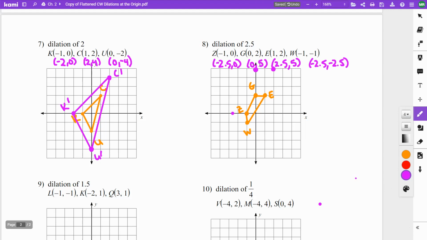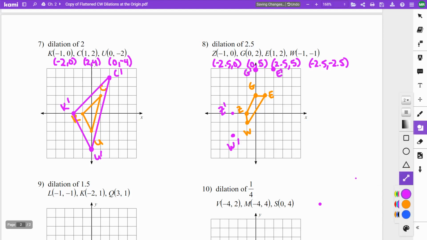And negative 2.5, negative 2.5. And so this is W prime, Z prime, G prime, and E prime. And I'm going to connect them. And there's our new picture.